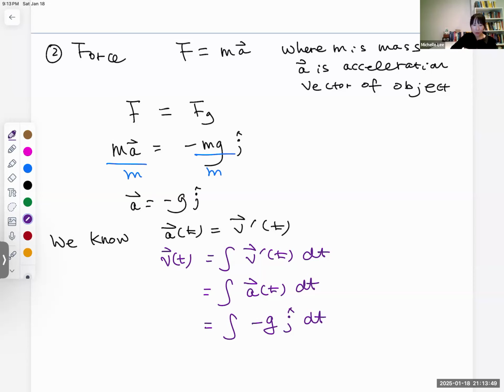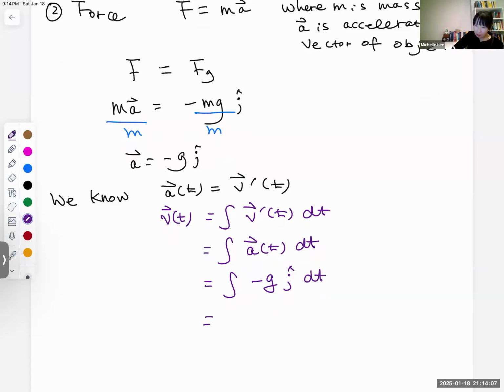Yeah, we want to integrate with respect to t, then what do you get? So this is a number, right? So we will get negative g t j plus c, right? So that will be negative g t j hat plus c.